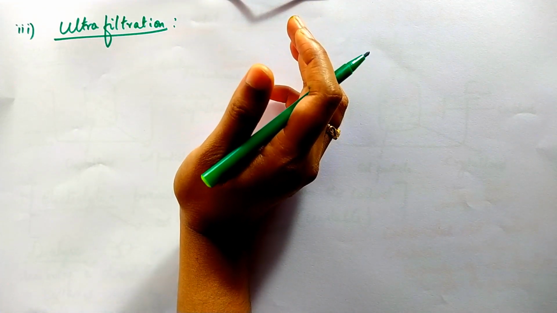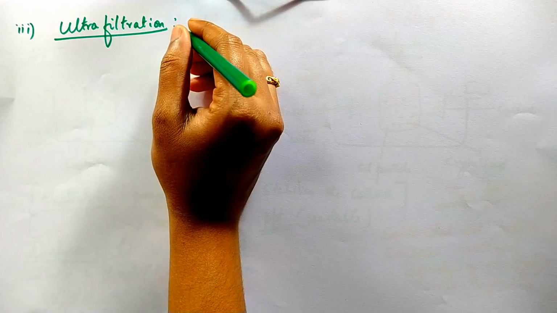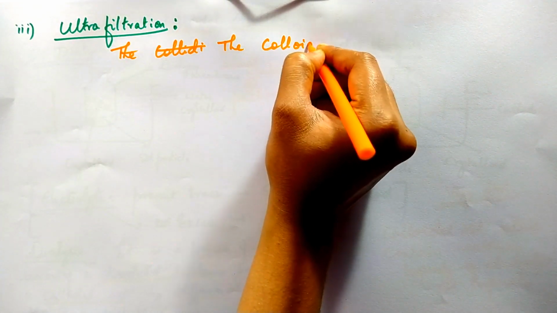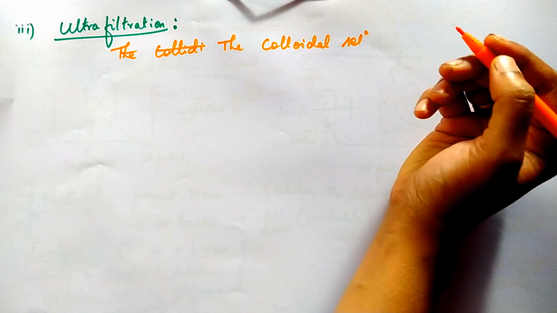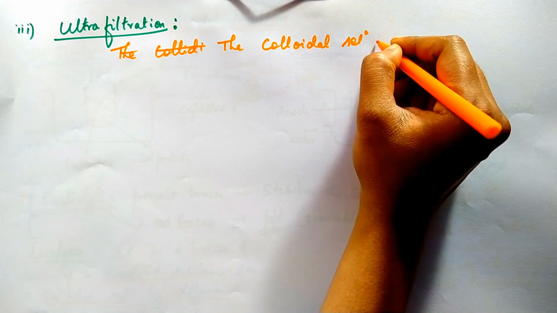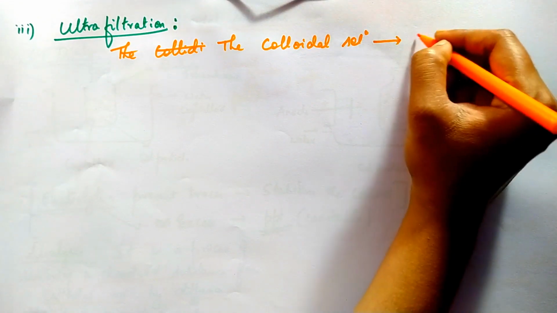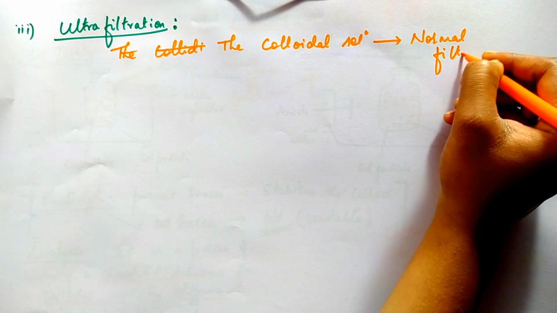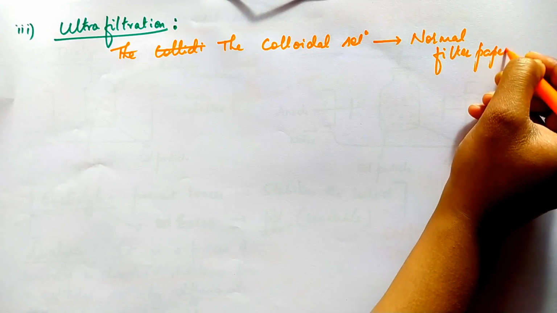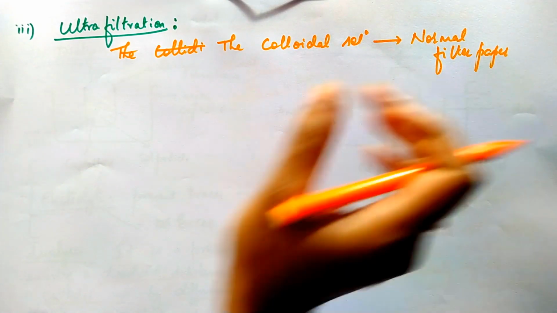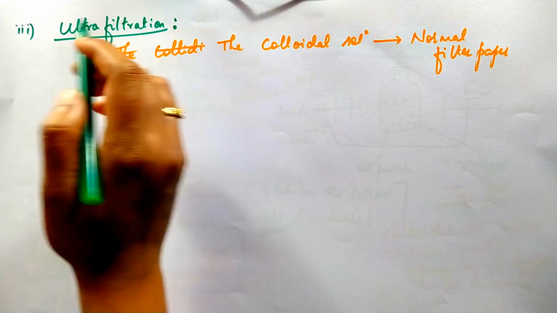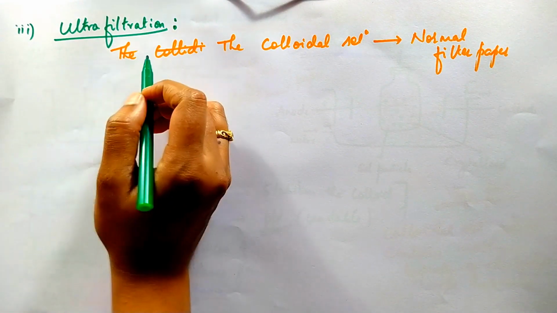A special type of filter paper is prepared. Colloidal particles or colloidal solution can pass through normal filter paper, right? So we cannot use normal filter paper for the filtration of a colloidal solution. So we use a special filtration, that is ultrafiltration.